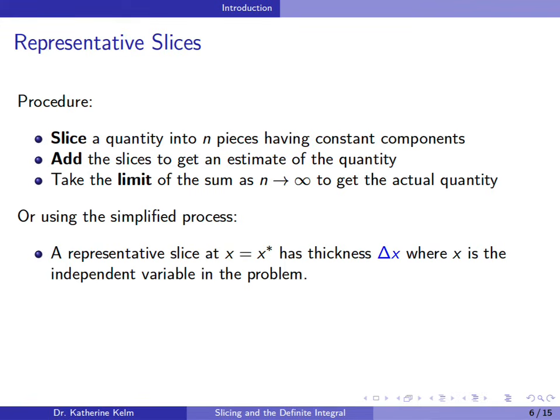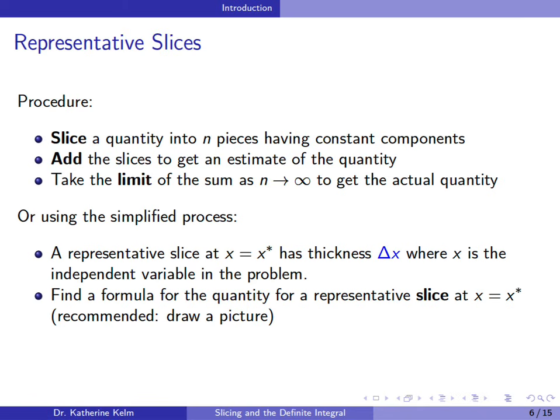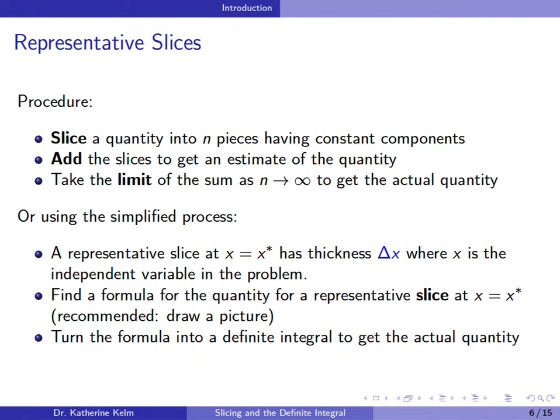Or, using our simplified process, a representative slice at x equals x star has thickness delta x, where x is the independent variable in the problem. We'll find a formula for the quantity for our representative slice at x equals x star. For this, it's a really good idea to draw a picture and choose a coordinate system that makes sense for the problem. And then we'll turn the formula for the slice into a definite integral to get the total quantity.